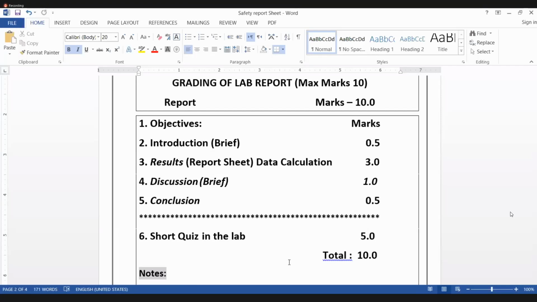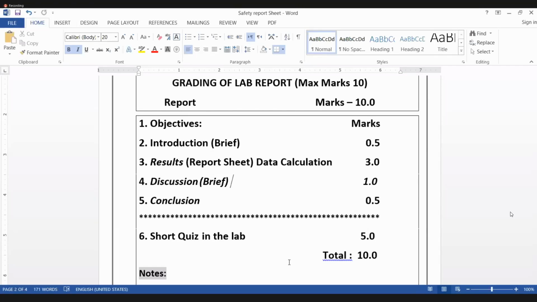Don't copy from others, and don't allow other students to copy from you. Just take all information from what I gave you and write in your own words briefly.